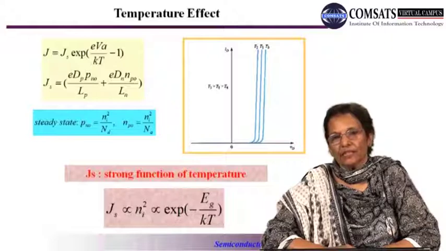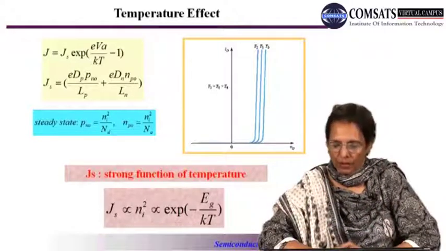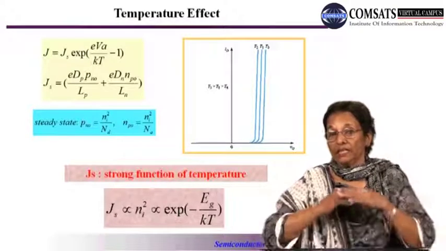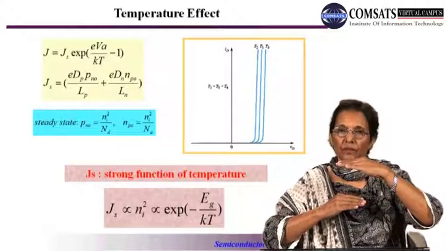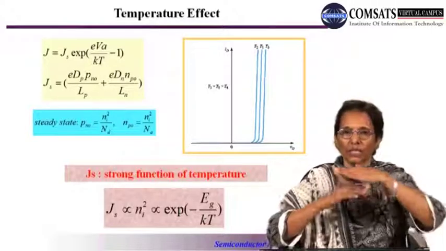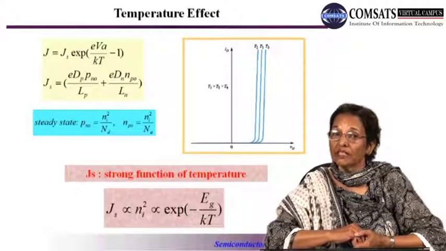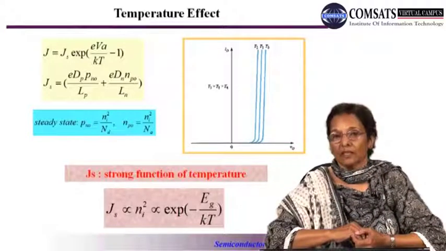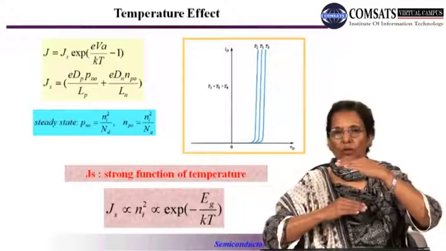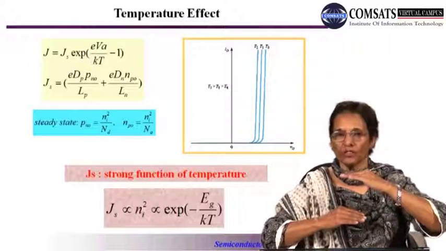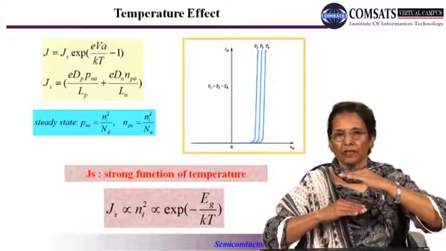Appreciating the negative sign within the brackets, you notice that with the increase in the band gap, the thermal generation rate at a constant temperature reduces, because now you require more and more energy which the constant temperature cannot provide.